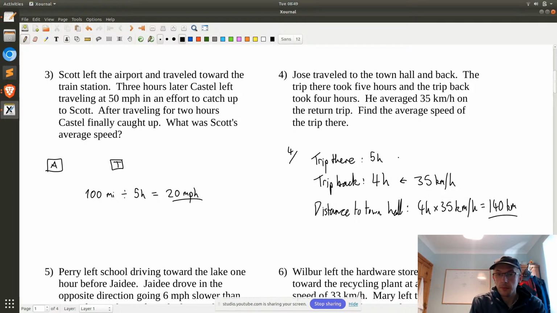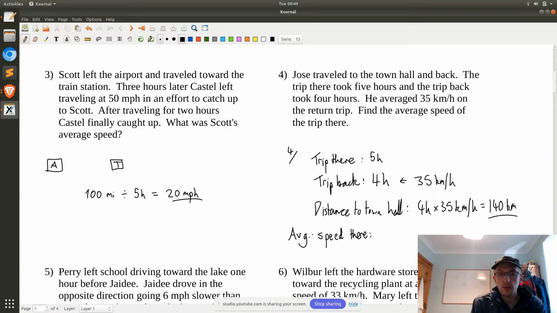Now, the trip there took him 5 hours. So 140 kilometers in 5 hours. So do I just write down speed there? No, I do not, because that's inaccurate. I should write down average speed there. For all you know, he stopped at a gas station and bought himself a sandwich. So I'm going to write AVG with a little tiny dot.